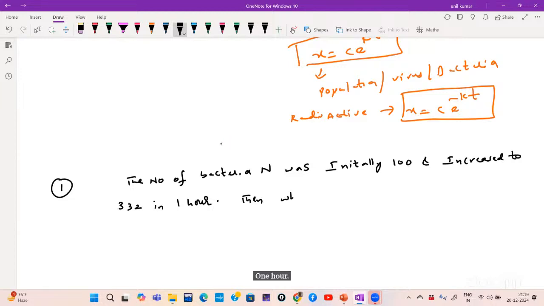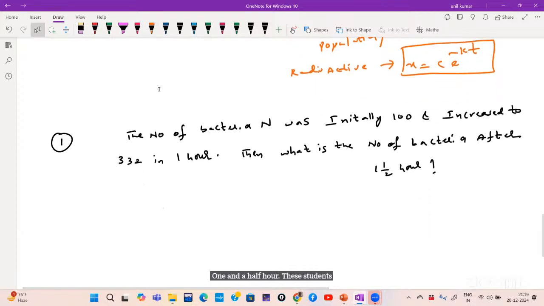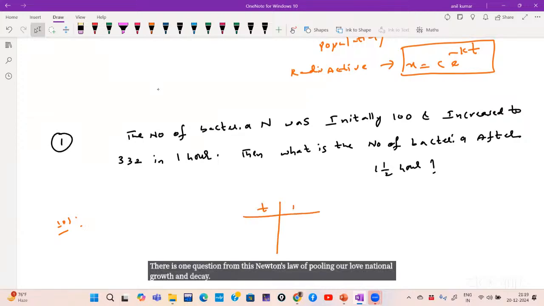Then what is the number of bacteria after 1.5 hours? Dear students, I observed the previous papers. There is one question from this Newton's law of cooling or law of natural growth and decay. So that is why I treated this as important.